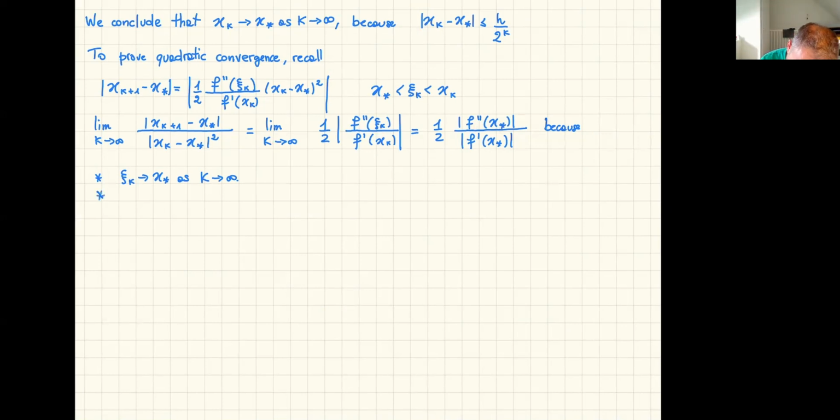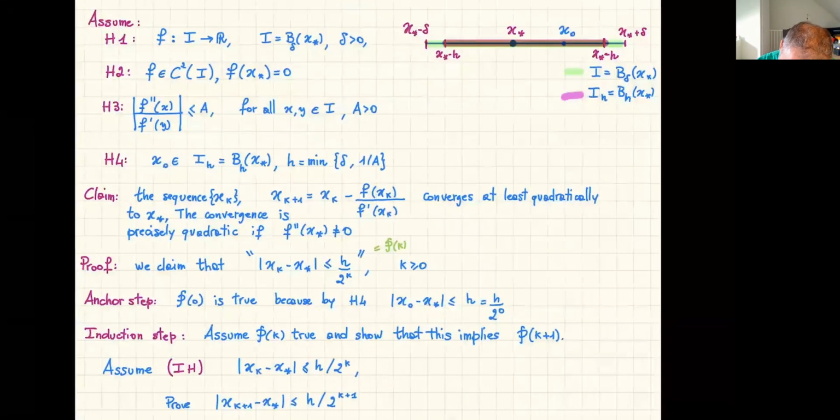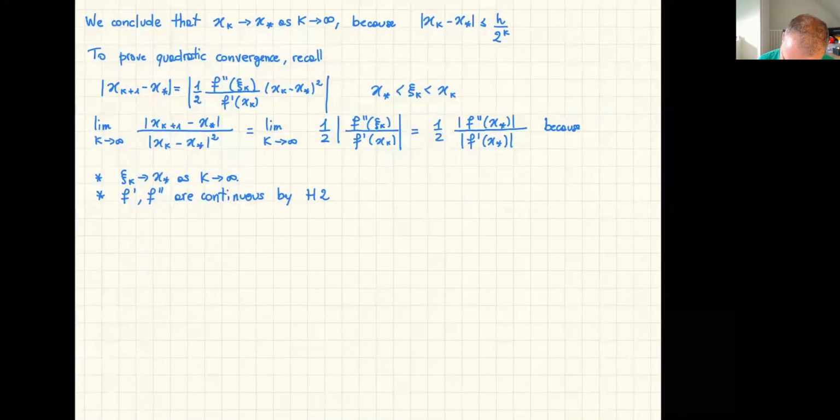That can be done, and it's legitimate to do, because f prime and f double prime are continuous. Why are they continuous? We have just requested that by what we call hypothesis 2 here. Let me cross-check. Yes, in H2 we say that f is C2. So that's exactly what we're using here.